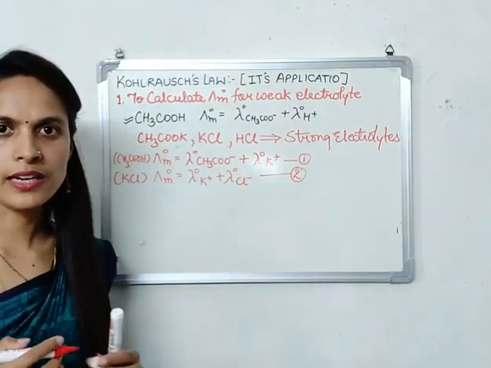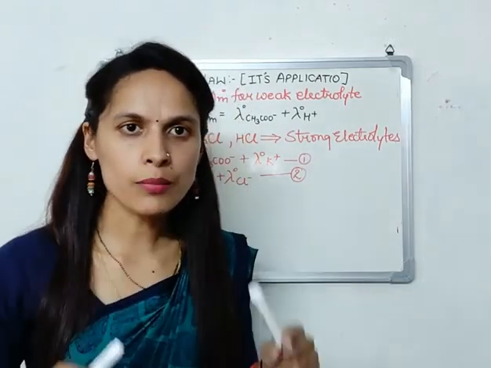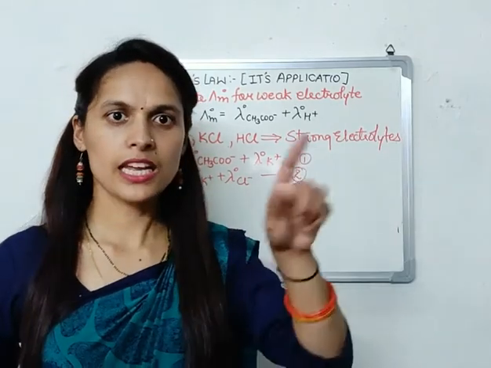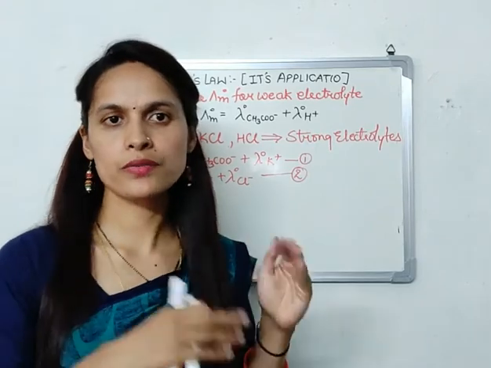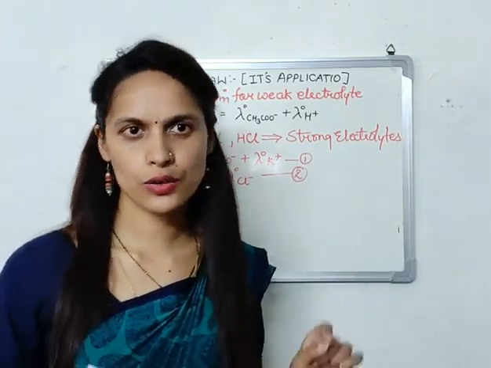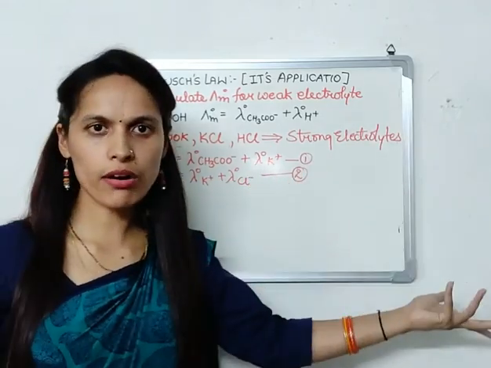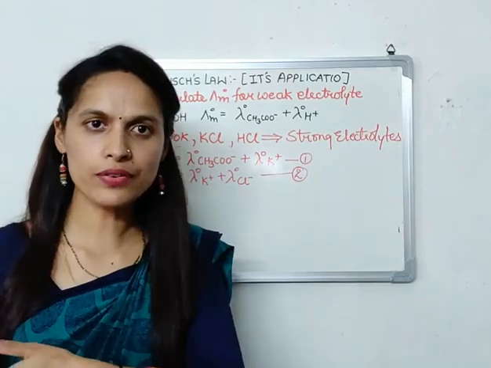What KOHLRAUSCH'S law said, that the limiting molar conductivity of an electrolyte is the sum of the limiting ionic conductivity of the cation and the anion, each multiplied with the number of ions present in one formula unit of the electrolyte. This is the statement. So I am writing according to the KOHLRAUSCH'S law statement, and I can easily get this value through the graph.